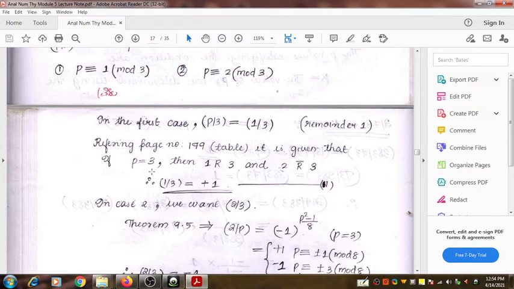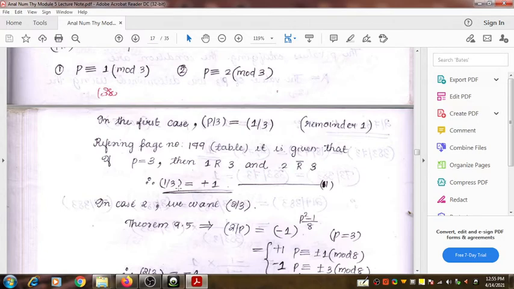You can refer to the table on page number 179. It is given that 1 is a quadratic residue mod 3, but 2 is a quadratic non-residue mod 3.